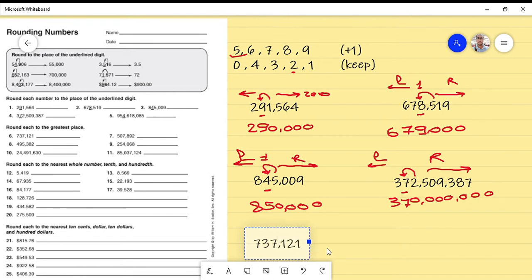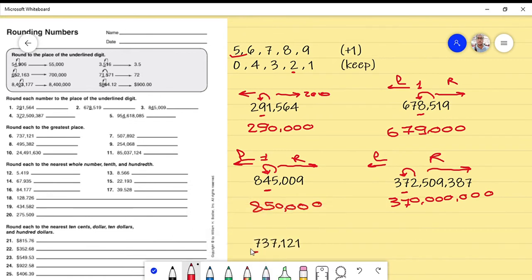As I said before, the greatest place is 7, because this 7 is in the hundred-thousands place, so its value is 700,000. The digit just after it is 3. Will 3 round up or round down? Round down, so we keep 7 as it is and replace the others by 0. So 700,000.